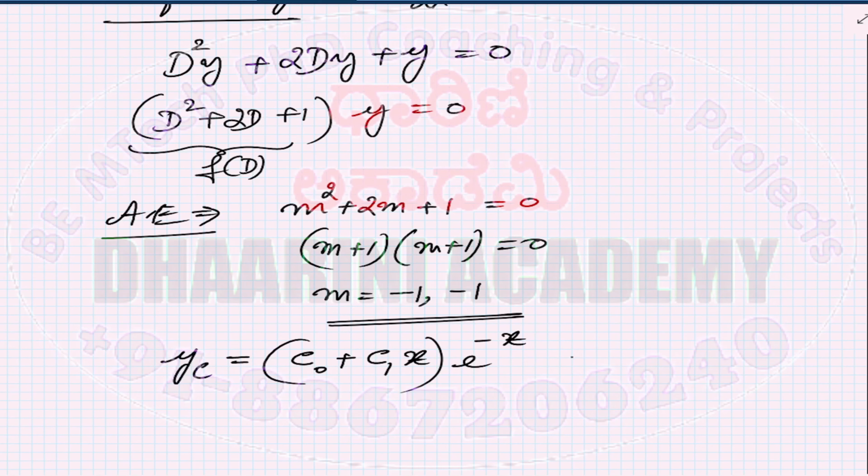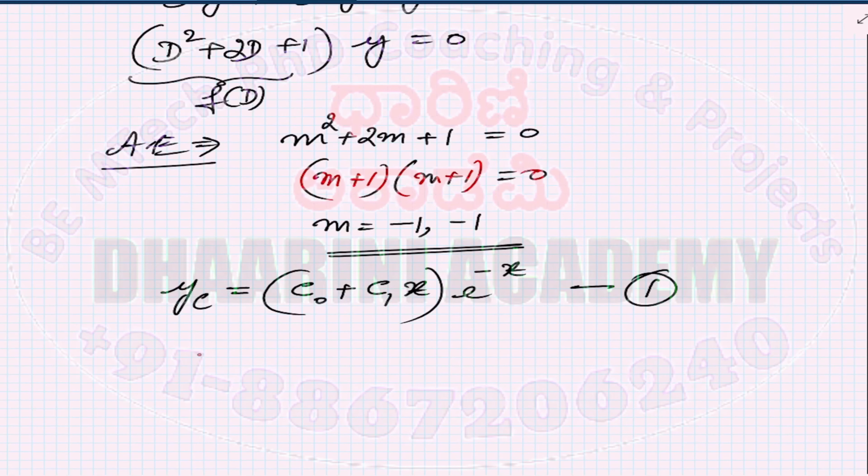Very straightforward. Let's hold on to this, because I'm going to use this yc plus the yp which we calculate in the next step to get my final answer. This is the yc part. So to find yp, I need this f of d. I just have to remember this. Okay, now let's go further. In the next step, my intention is to find yp.